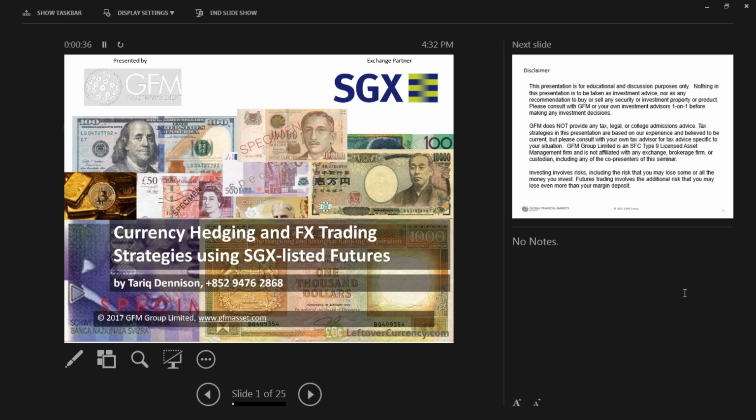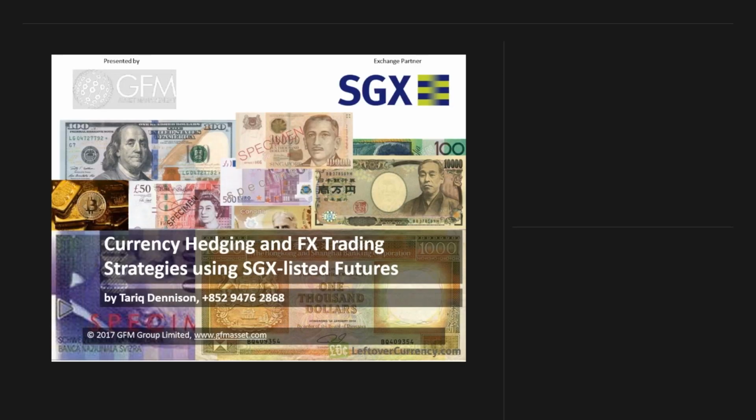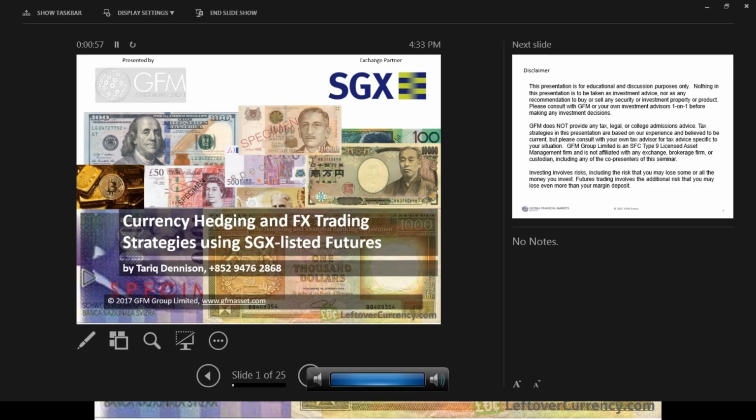Tariq, in PowerPoint, if you go to the View menu, please turn off Presenter View. I'm not sure if the issue is with that, but it's saying showing screen, and I'm not sure if they see the screen as this, but anyways, we can go ahead and walk through the slides here.